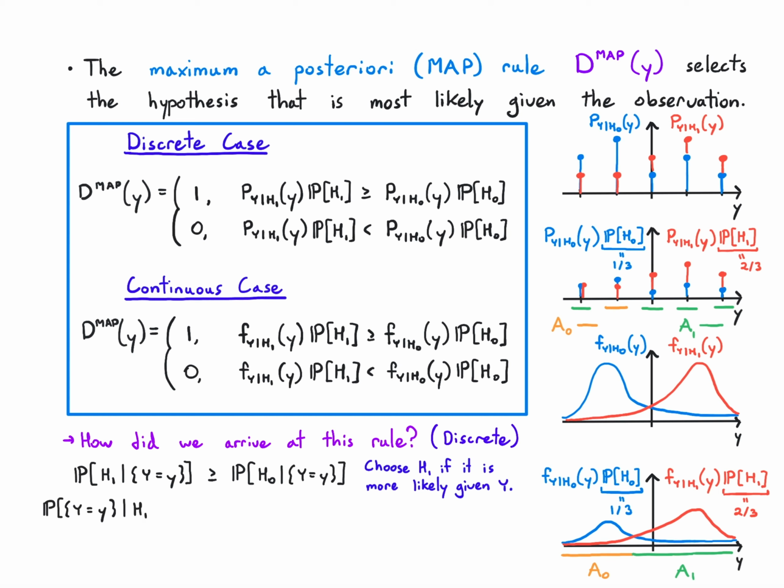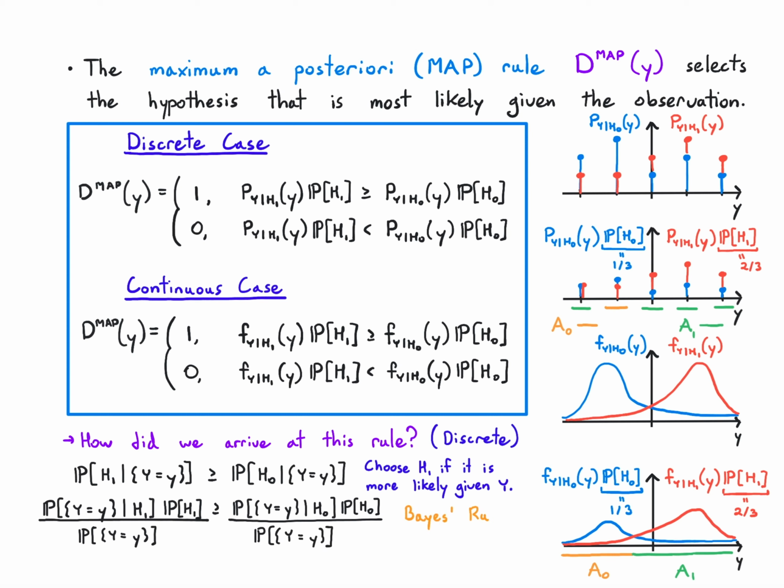This is the probability of y equals little y given H1 times the probability of H1, divided by the probability of y equals little y. Same thing on the right, except I replace H1 with H0. This is just applying Bayes' rule to the left and right-hand sides. The thing to notice here is that on both sides I have in the denominator the probability of y equals little y, so I can just cross that out.